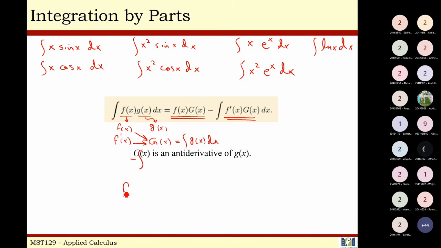So f and f prime, g and g capital: multiply f with g capital, the first one. The second one with negative integration: f prime multiplied by g capital.